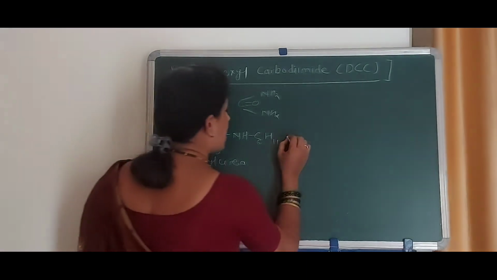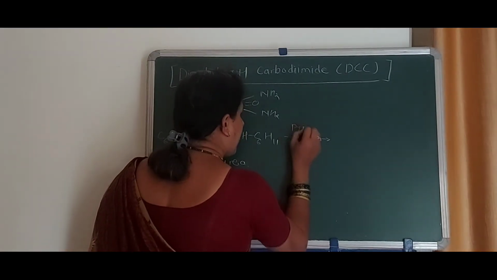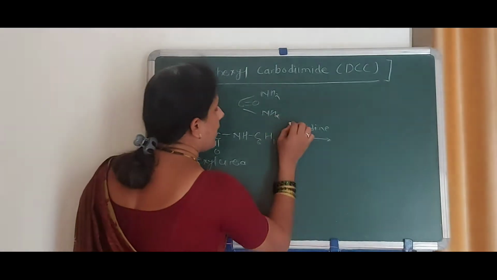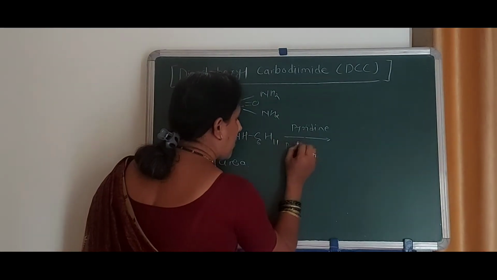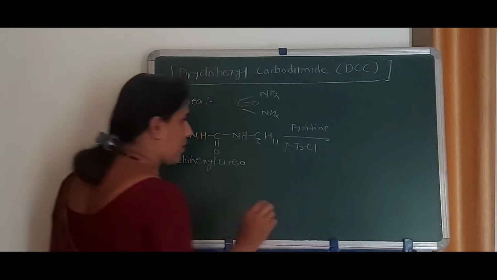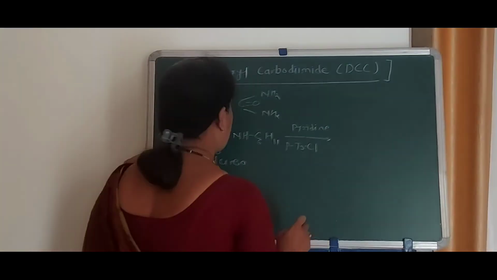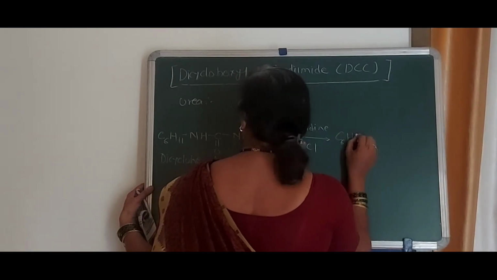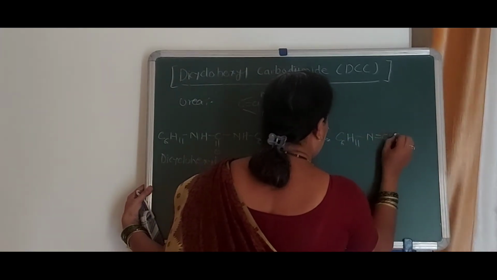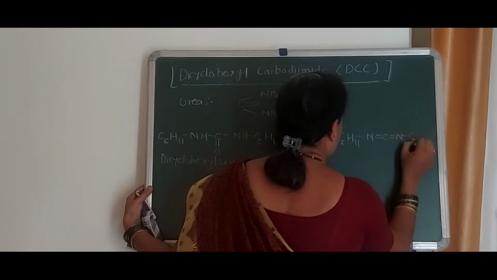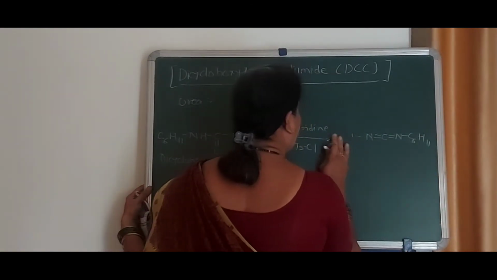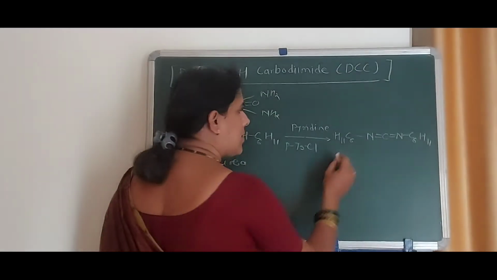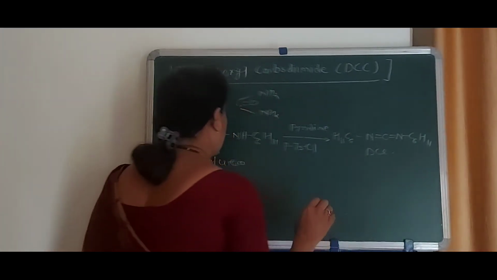In the presence of the base pyridine, under the influence of para-toluenesulfonyl chloride, there is formation of C6H11, N double bond C double bond N, C6H11. This is the DCC.